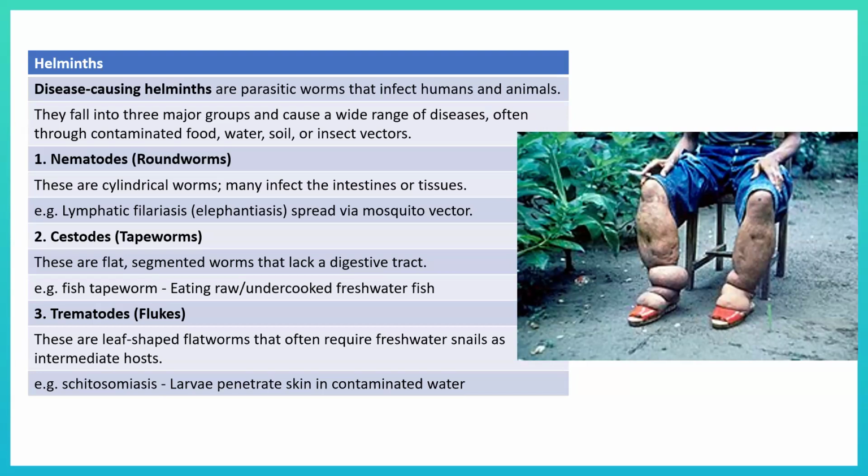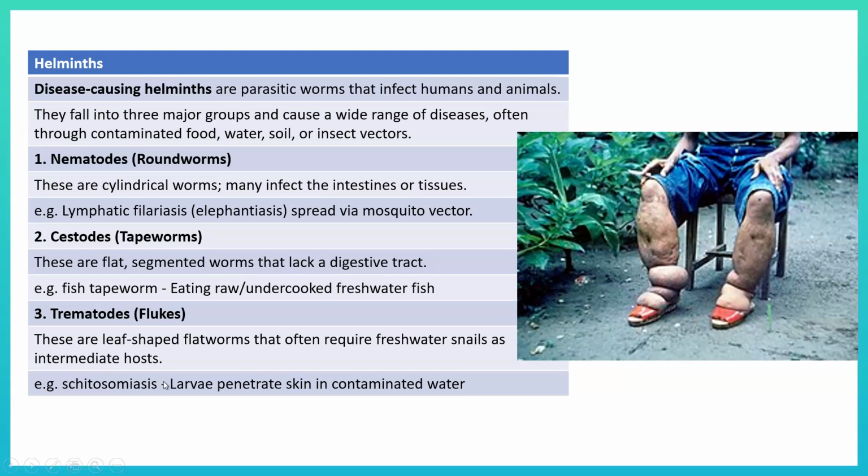There's one called schistosomiasis. If you go in the water and you've got cuts or scratches on your feet, the flatworms can get into your body from there. And they need to spend a little bit of time in these snails to reproduce. It's part of their reproductive cycle, a bit like the plasmodium need to reproduce partly inside the mosquito, partly in humans.